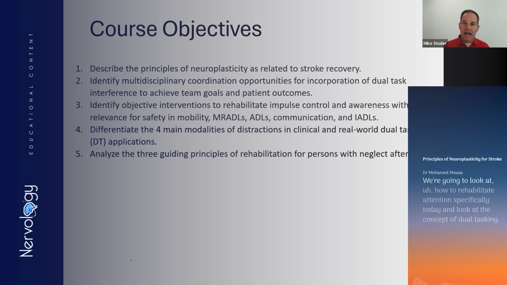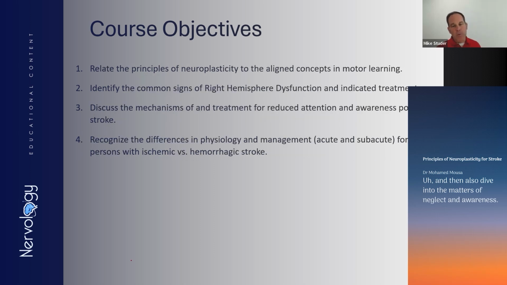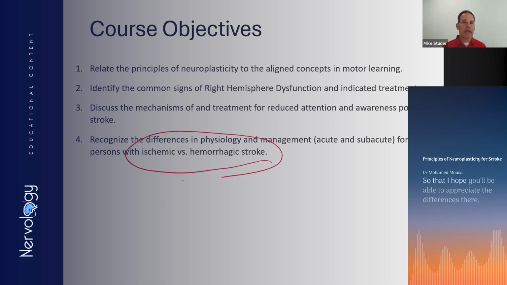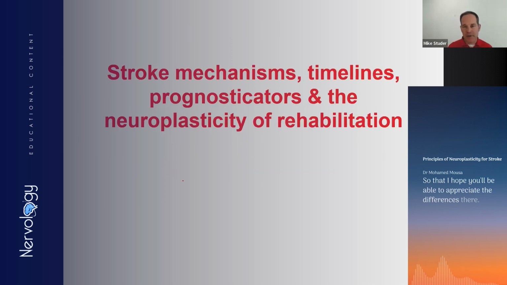We're going to look at how to rehabilitate attention specifically today, and look at the concept of dual tasking, and then also dive into the matters of neglect and awareness. We're going to cover right hemisphere dysfunction to some degree today, and then also even more in depth in the next course. And we're going to start right off with this first concept of ischemic versus hemorrhagic stroke, so that I hope you'll be able to appreciate the differences there.